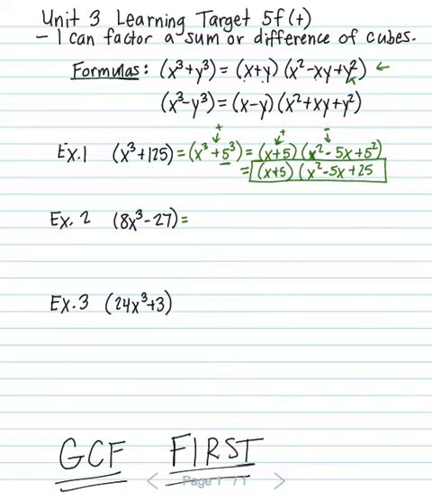But we do know that 8 is 2 to the third. So we can say that 8x to the third is the same as 2x to the third. Then it's subtraction. 27 we know is 3 to the third.